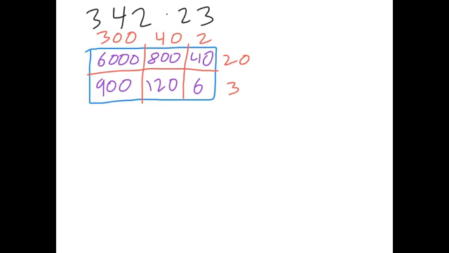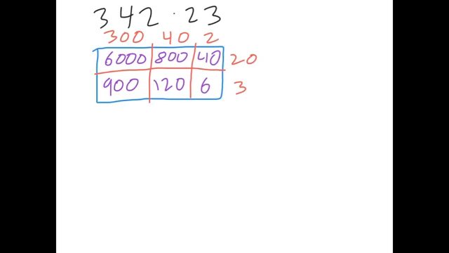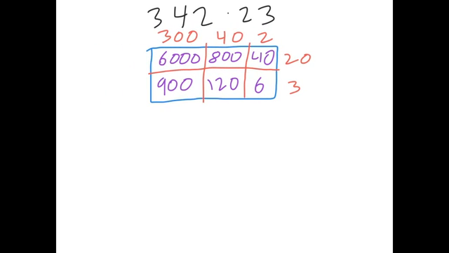And so the way this often works is to add everything that's diagonal of each other. So let's move this over a little bit and say 800 plus 900, diagonally, will give us 1,700. 40 plus 120 will give us 180.